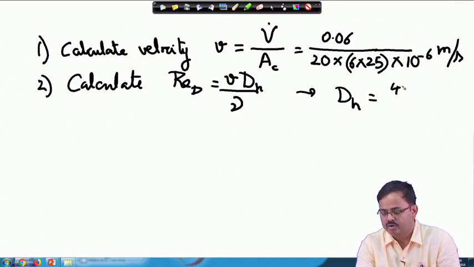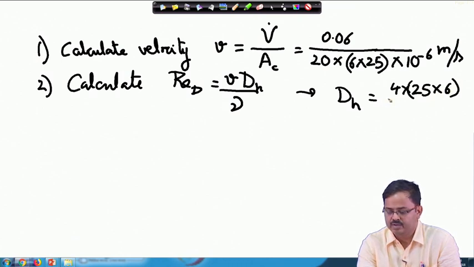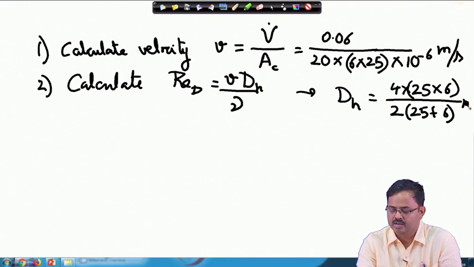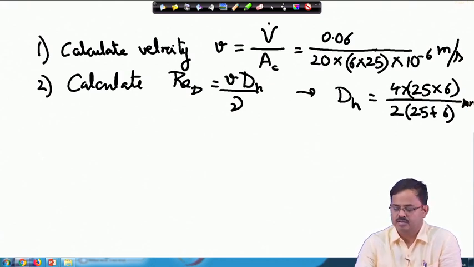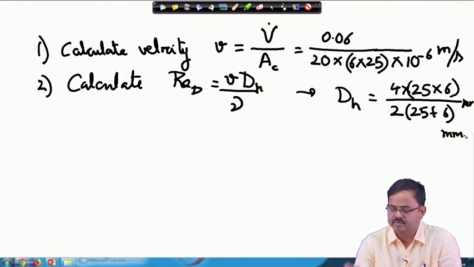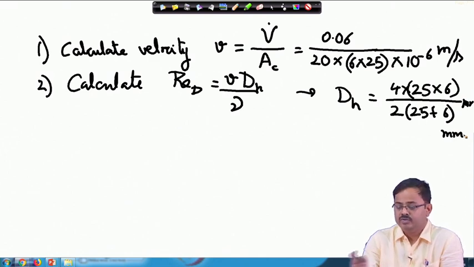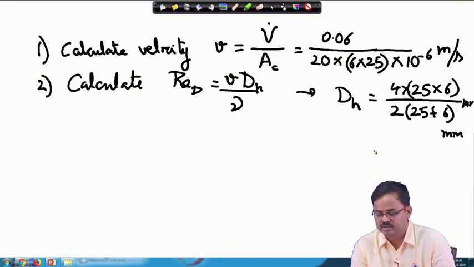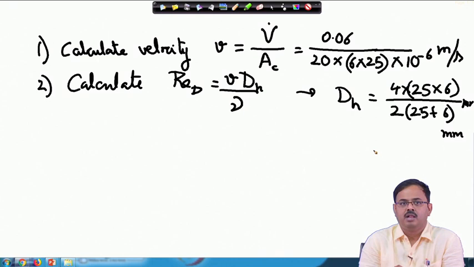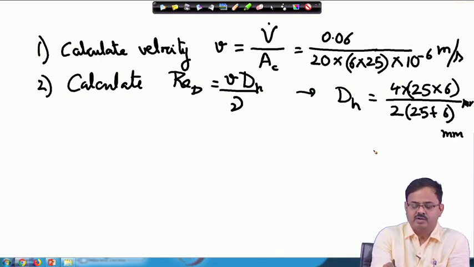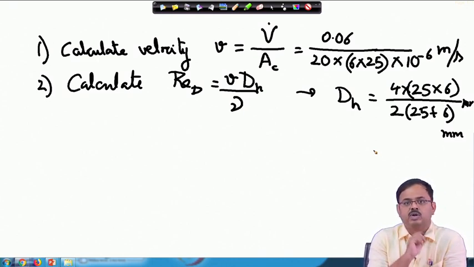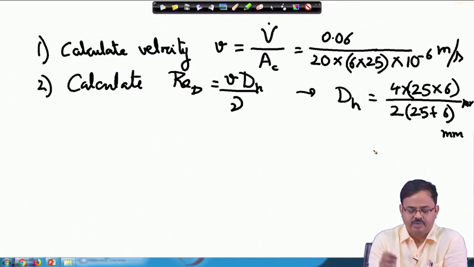So, it is 4 into 25 into 6 divided by 2 into (25 plus 6), in millimeters. You have to convert that into meters in order to find this Reynolds number. Agree?